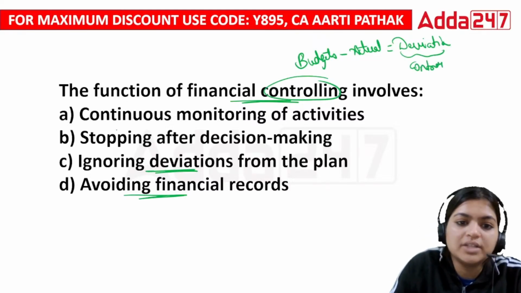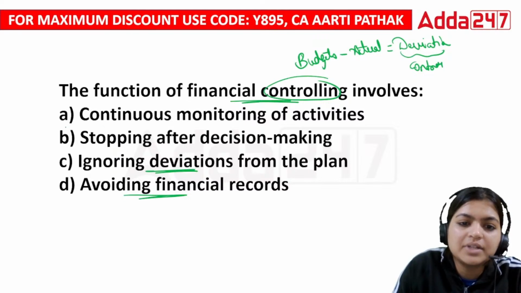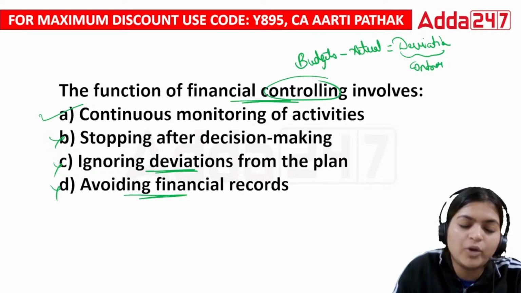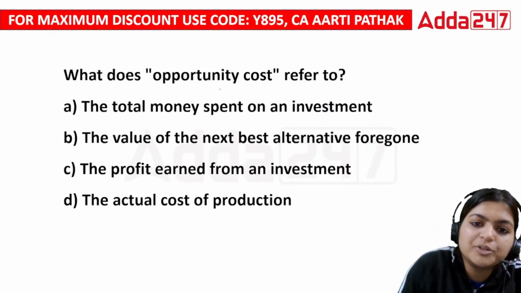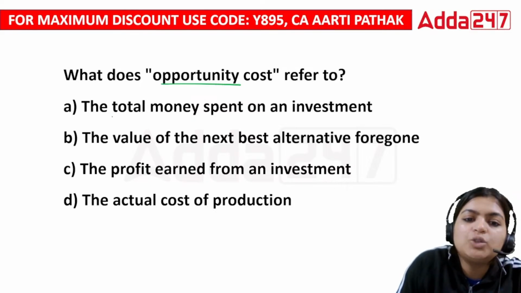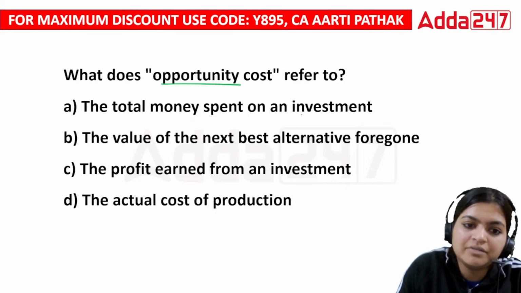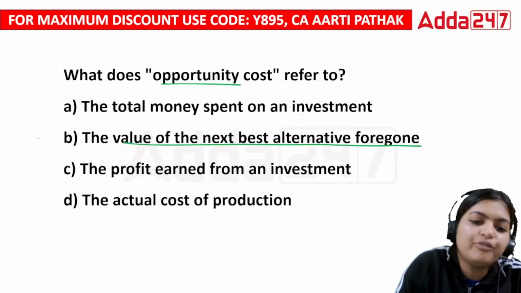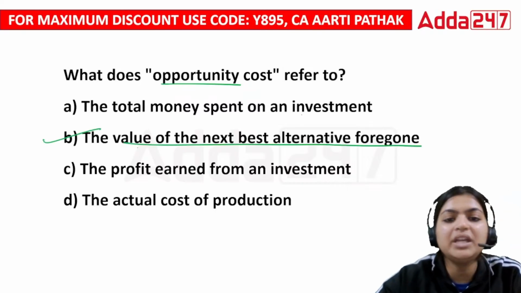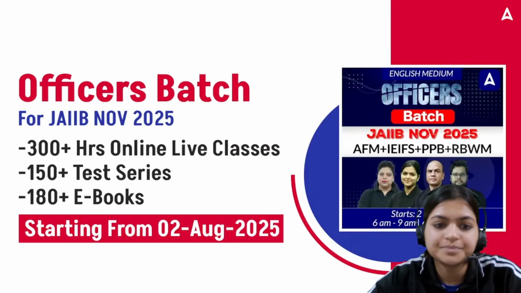So the correct answer is continuous monitoring of activities. Again, all these three things are negative. What does opportunity cost refer to? The total amount spent on an investment, or the value of the next best alternative foregone. Answer B is your correct answer.